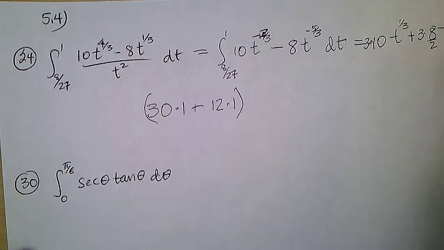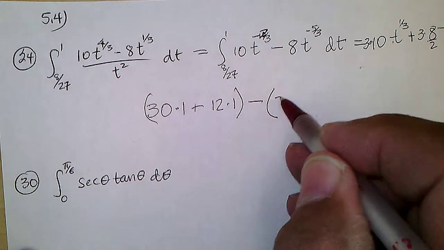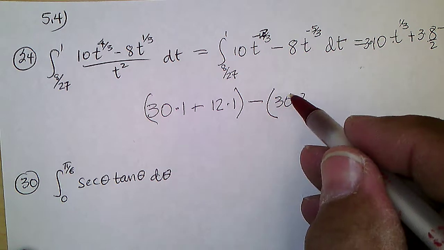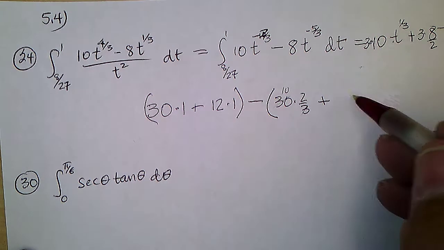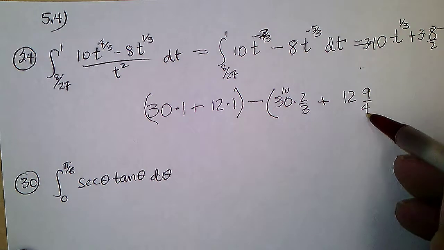That's putting in the 1, minus, now we put in the 8/27. The cube root of 8/27 is 2/3 times 30. So that's really just 20 plus 12. And this says cube root of that, which is 2/3 squared, which is 4/9, flipped over 9/4.